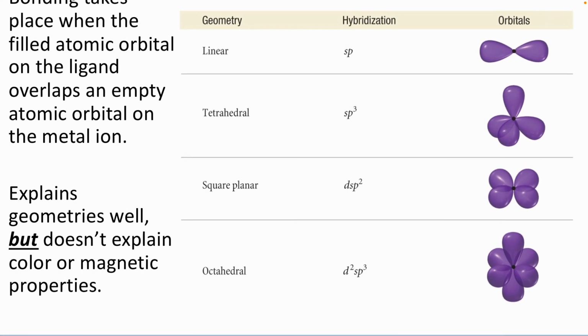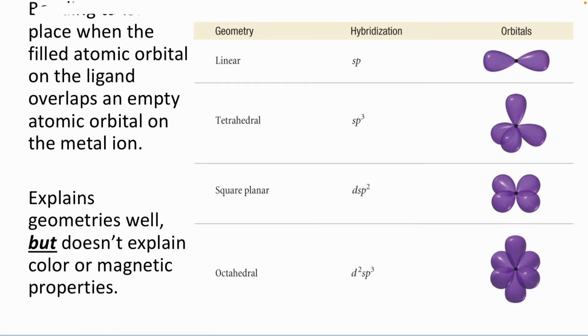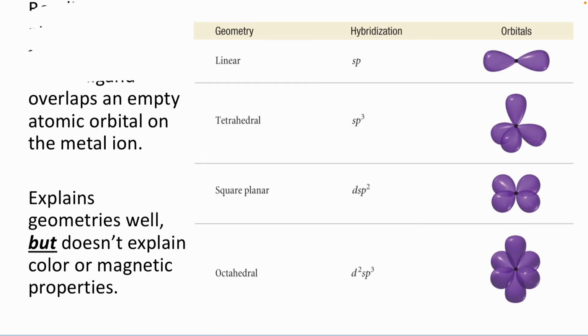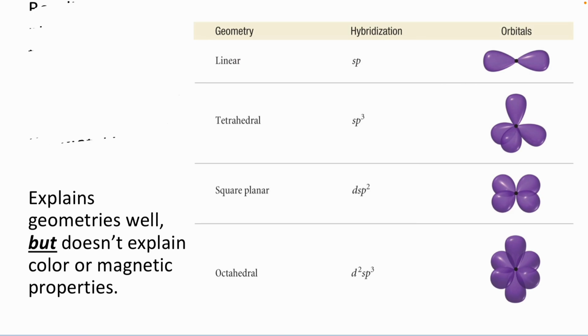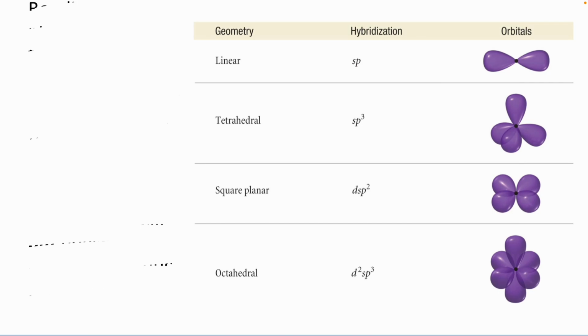we got 4 options for our geometry, all right? Let me make some space over here. And these will correspond again to our coordination number. If you're linear, how many ligands would you have bound to that central transition metal?